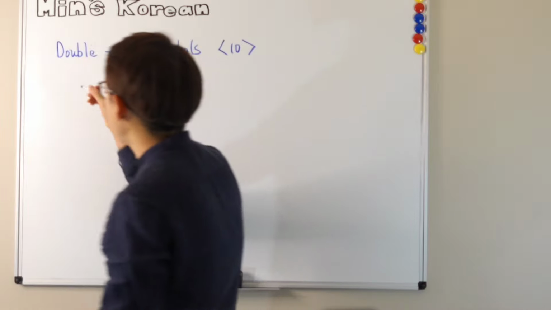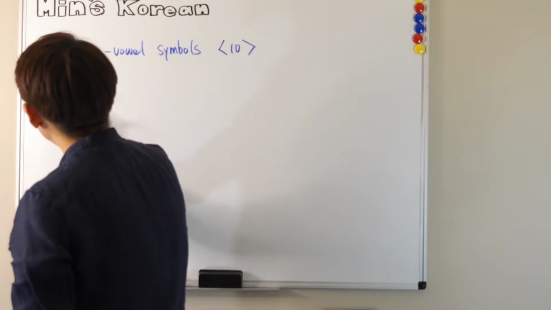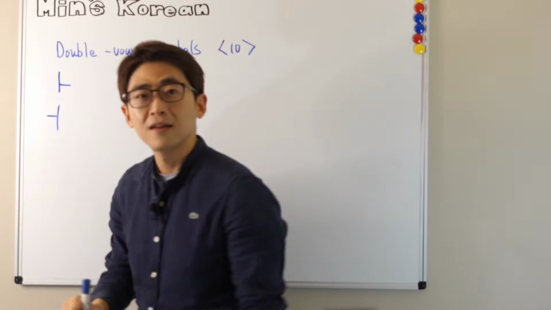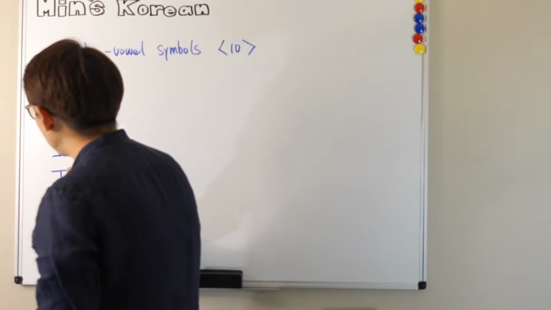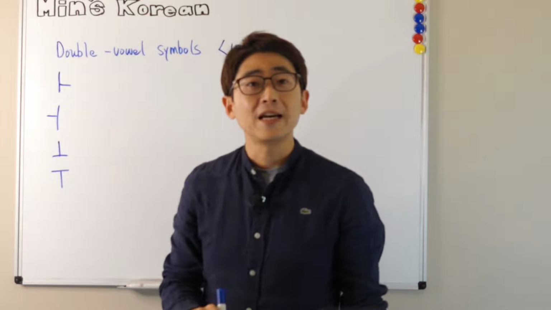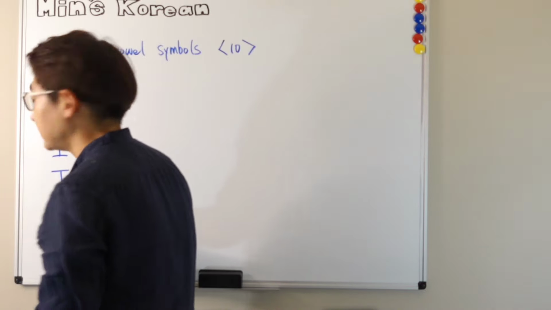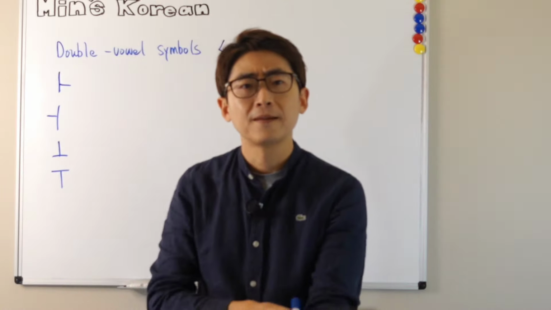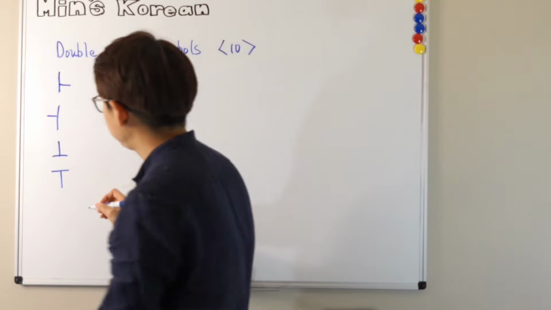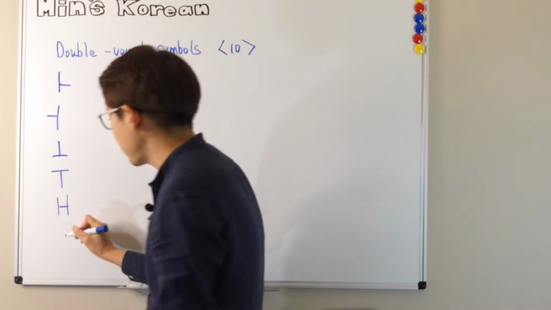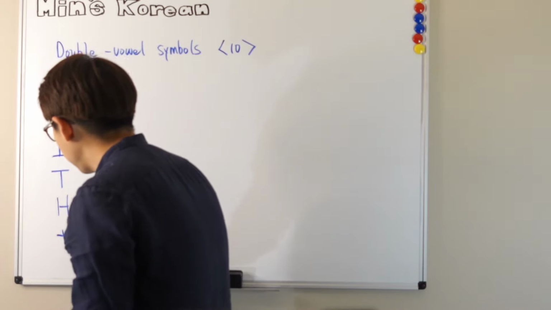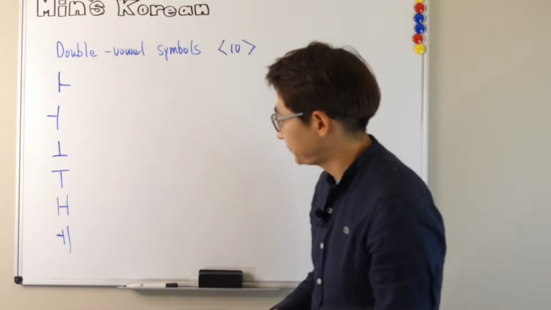So, we have A and A, and we had O, and we had U, and we had these ones, right?